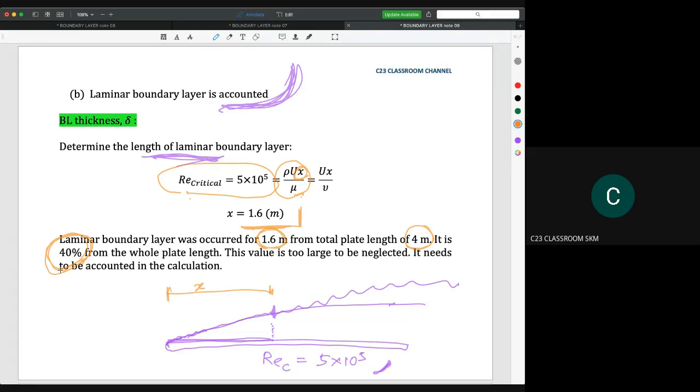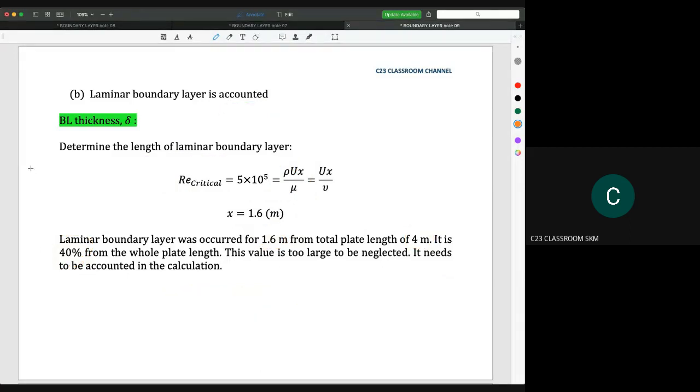So it means that we cannot neglect the existence of the laminar boundary layer. We need to take into account the effect from the laminar boundary layer. This is our judgment, because normally if you calculate the laminar boundary layer to be less than 10%, it is okay for you to neglect its effect.